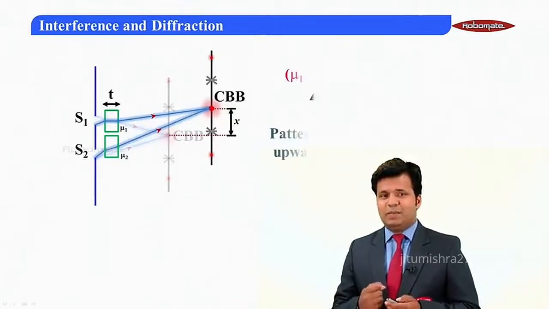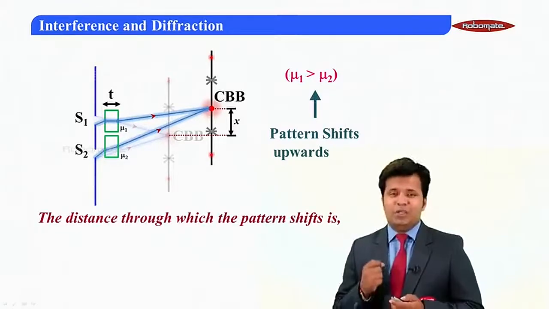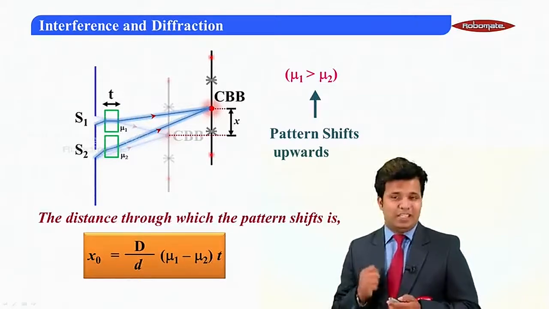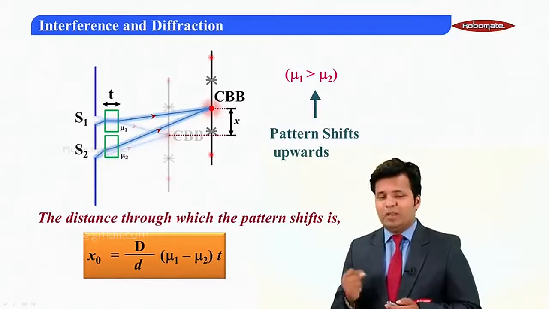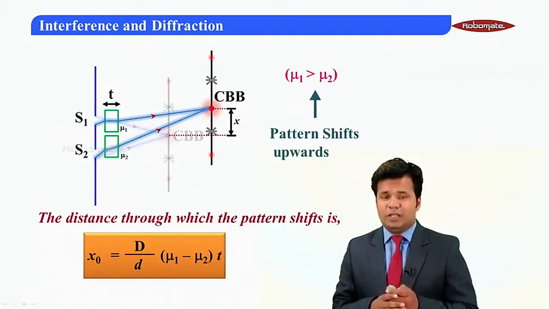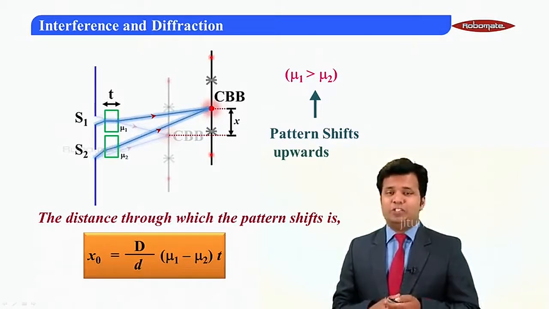The distance between them is x or x naught, and it would now be given by the formula x naught is equal to capital D upon small d times (mu1 minus mu2) times t, students. So this is a formula that should be learned before solving any numerical on shift.